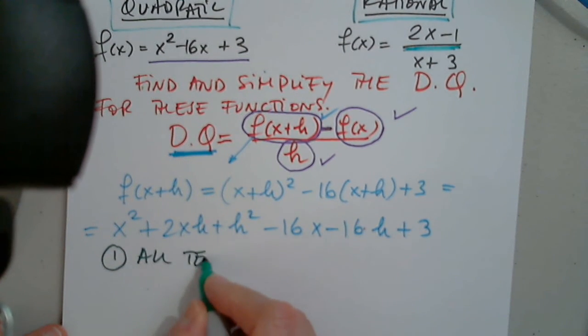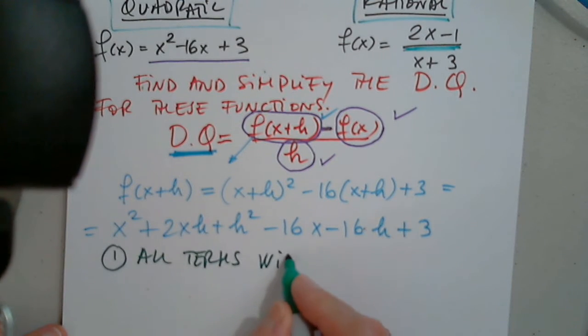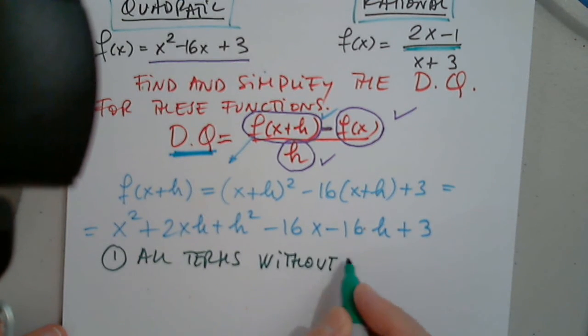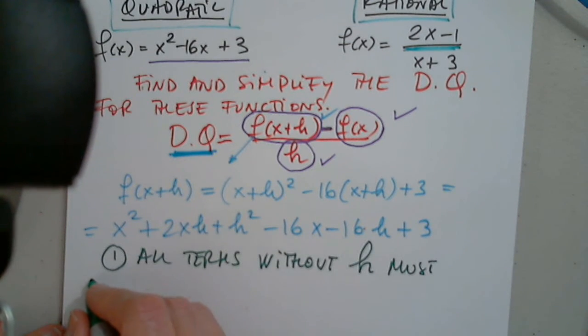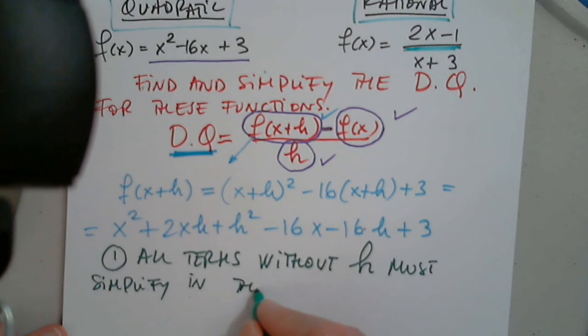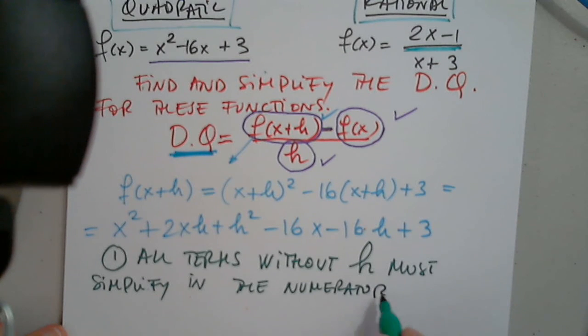All terms without h must disappear, must go away, must simplify in the numerator. If they don't, I'm not on the right track. Something is terribly wrong.